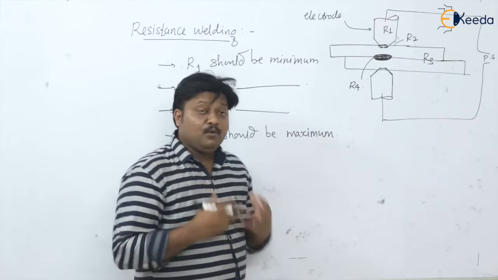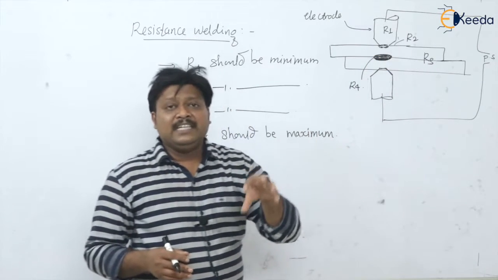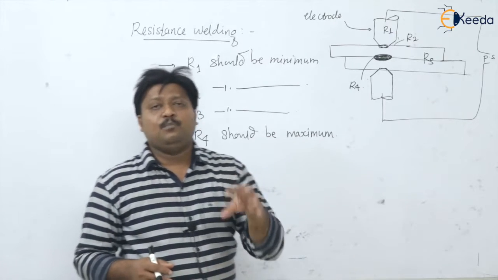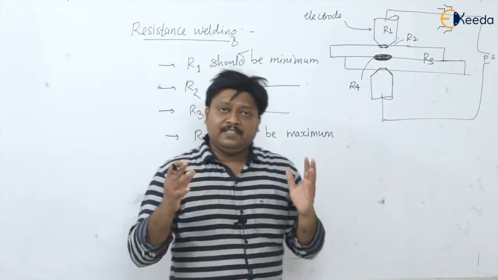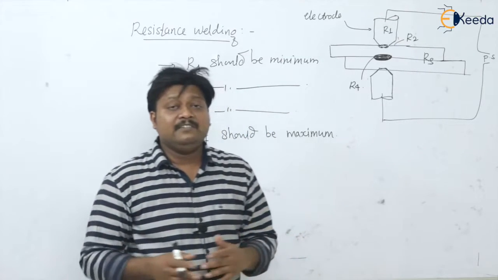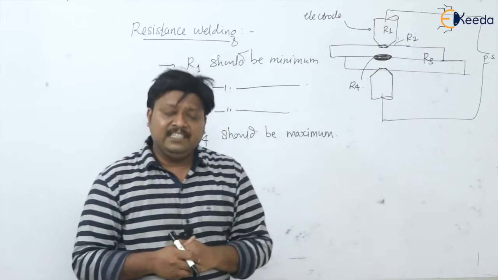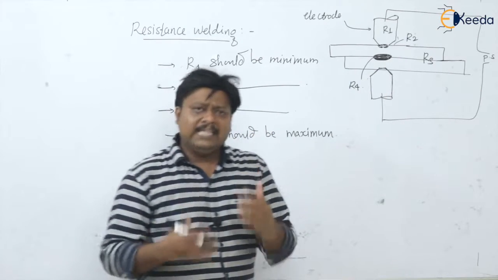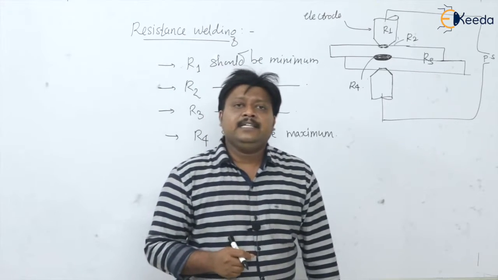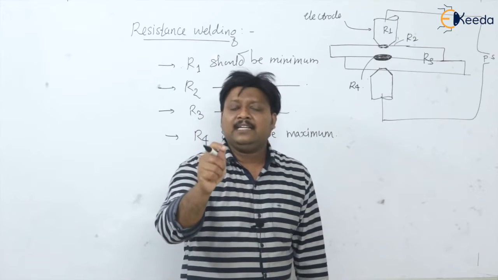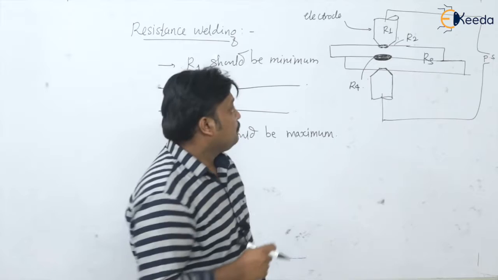So the electrode material very popularly used in resistance welding is copper or copper alloys, because it has very good electrical as well as thermal conductivity. At the same time, we can give strength to that copper by adding some alloying element so that it can easily withstand the forces or mechanical pressure that we apply during the process.